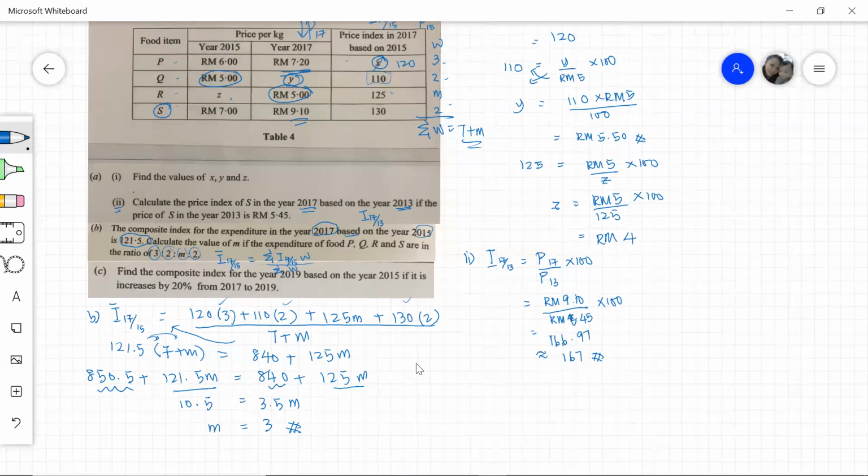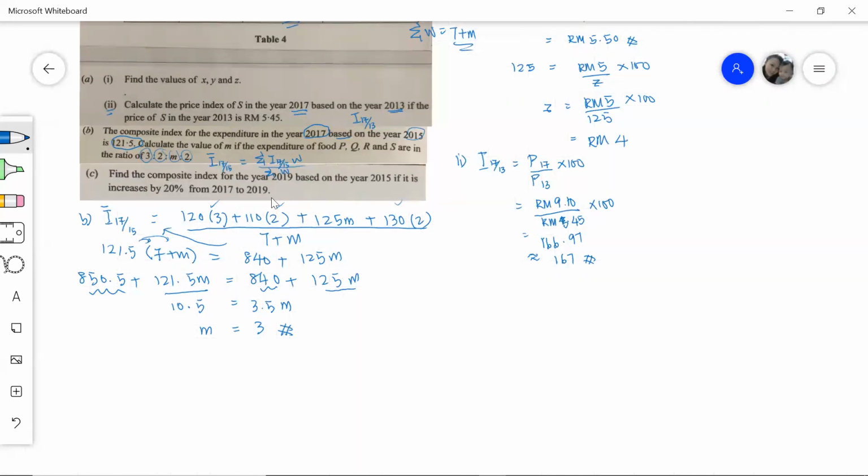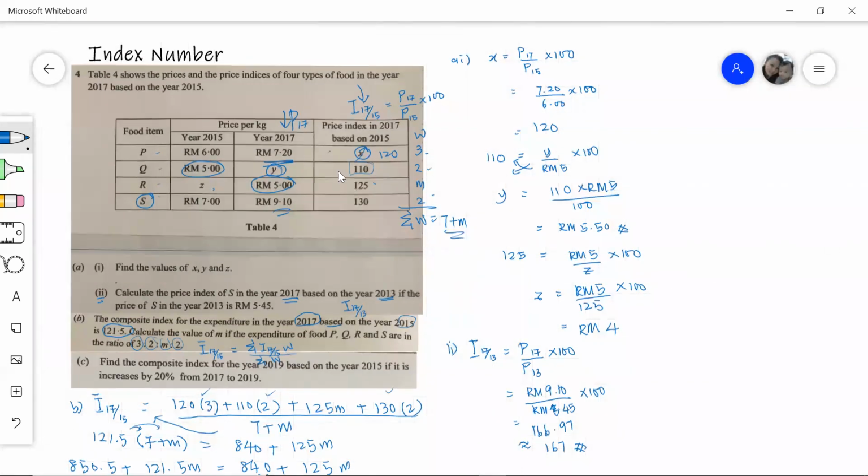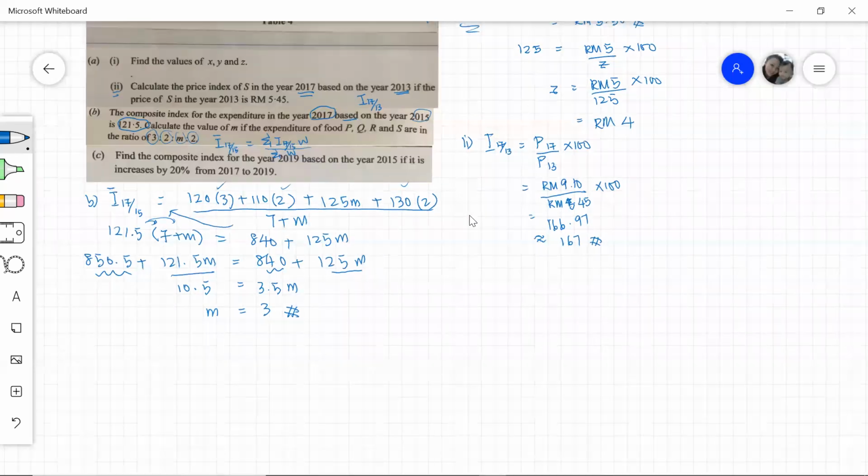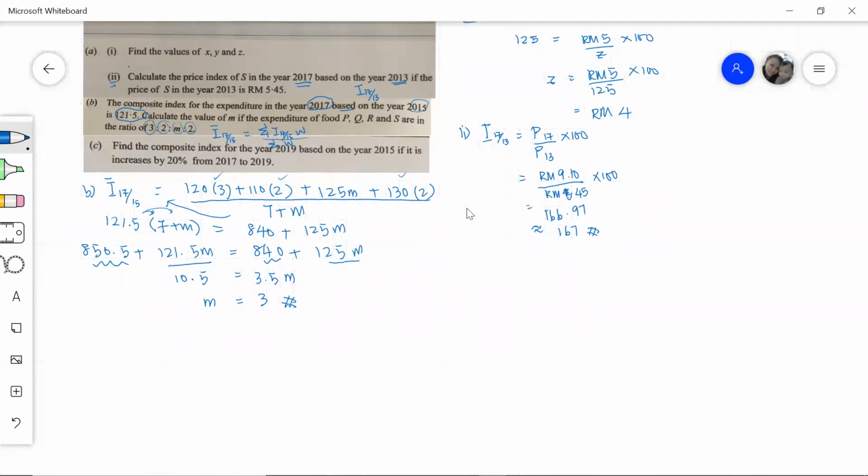Next, part C. Find the composite index for the year 2019 based on the year 2015. You see, we have a new year appearing here. According to the question, we only had year 2015 and year 2017, and now we have year 2019. Whenever the question involves 3 years, we shall draw 3 bubbles and put the years in ascending order: 2015, 2017, and 2019.